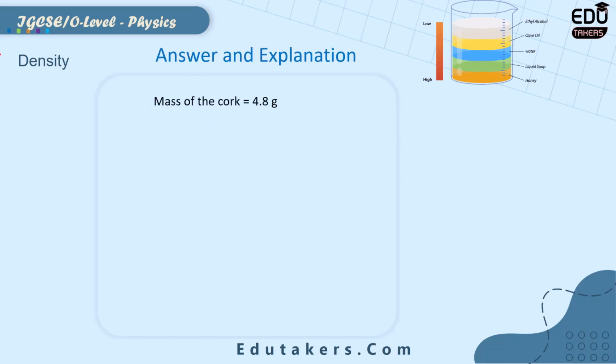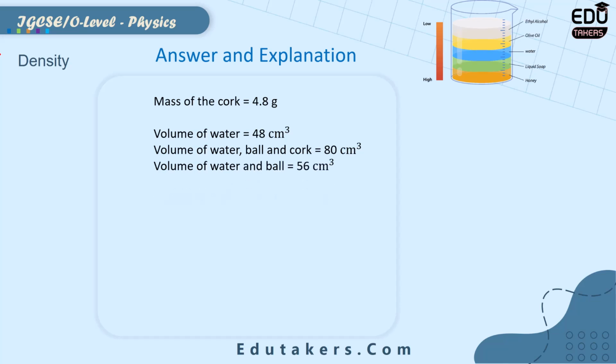So first of all, the mass of the cork is given, which is 4.8 gram. The volume of the water, which is from figure 1, is 48 cubic centimeter. The volume of water, ball and cork, it's 80 cubic centimeter, is taken from the last figure, and the volume of water and ball is 56 cubic centimeter. You need to find out the volume of the cork.